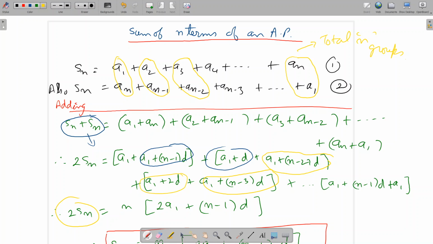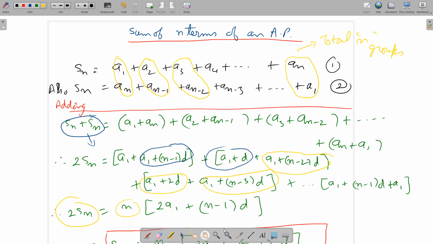Here also a1 plus a1 is 2a1, and n minus 2 into d plus d will give you n minus 1 into d. The third pair also: a1 plus 2d plus a1 plus n minus 3 into d, so a1 plus a1 is 2a1 plus n minus 3 d plus 2d, we will get n minus 1 into d, and so on to the last one. That also gives us 2a1 plus n minus 1 into d. That means 2a1 plus n minus 1 into d is coming n times, which is why we have n. So what we have got is 2Sn equal to n into 2a1 plus n minus 1 into d.